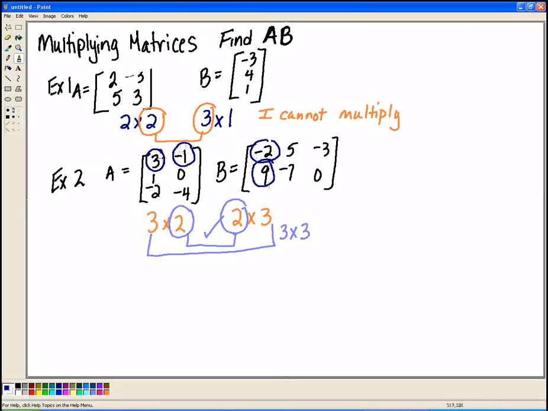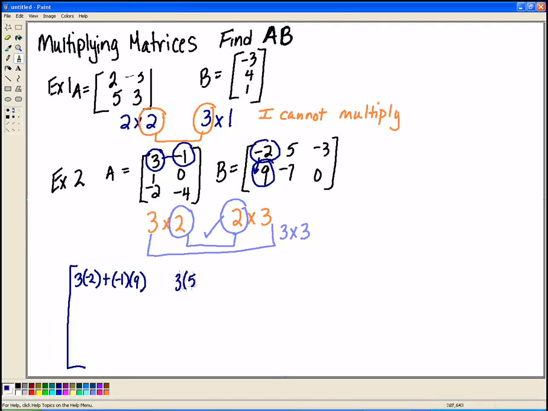So I'm going to take my rows and multiply them by my columns and add them together. All right? So my first element will be 3 times -2 plus -1 times 9.